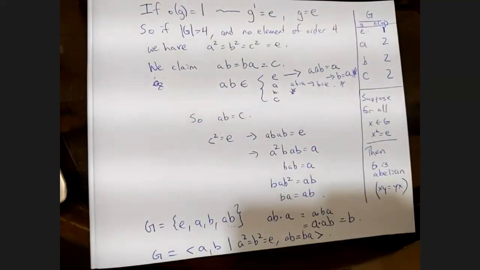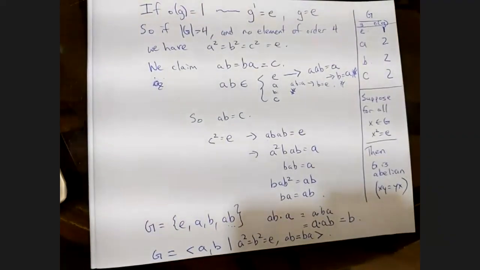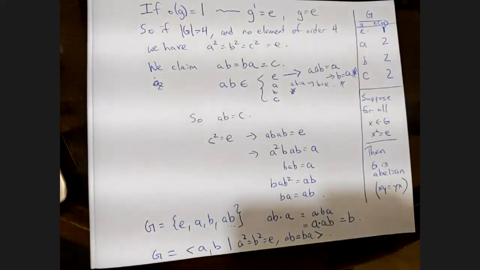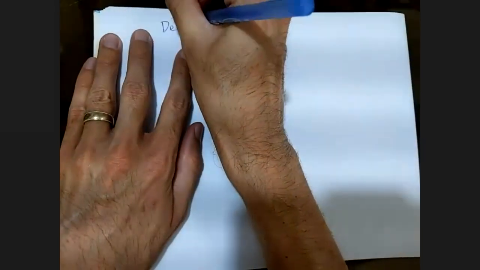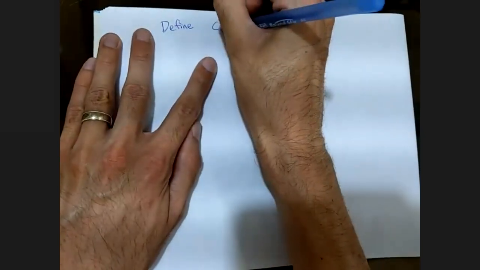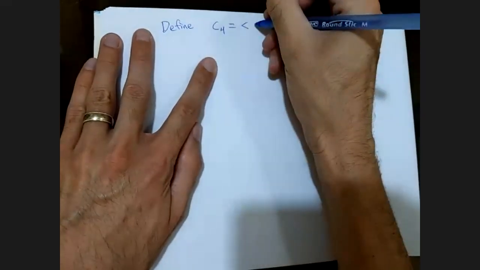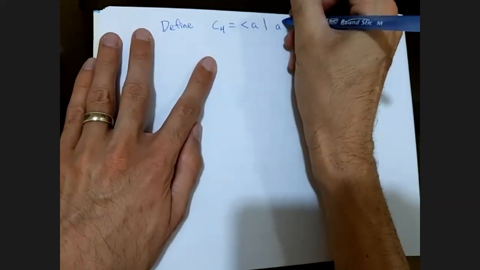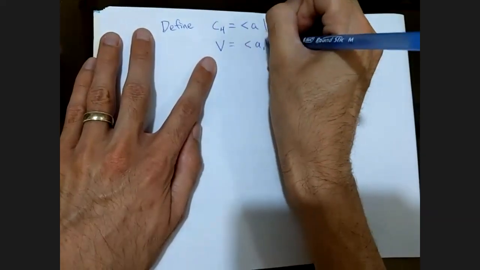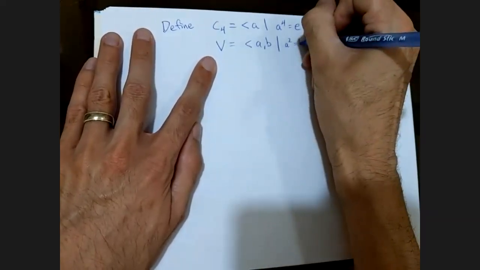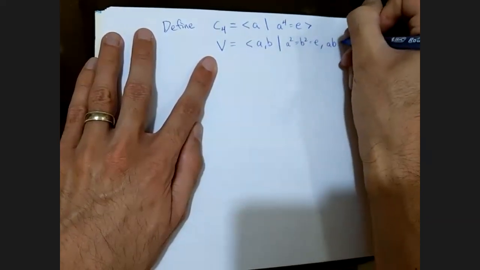We're going to claim that there are only two possible groups of order 4 up to isomorphism. Let's define C4 to be the group generated by A, satisfying A to the 4th is the identity, and define V to be the group generated by A and B, satisfying A squared equals B squared equals the identity, and AB equals BA.